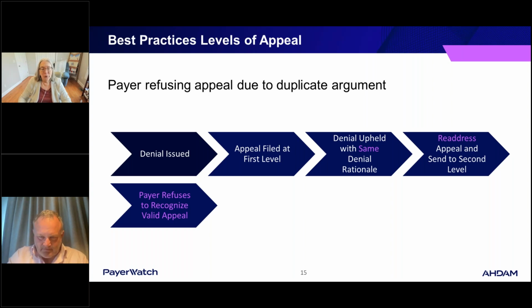The payer might refuse your second level of appeal because they're saying, well, it's the same argument you made at the first level, and they'll say that's not a valid appeal. And I would say, well, where in the rules, the laws, the regulations, the contract does it say that I have to submit new information when I appeal to the second level or third level or whatever?